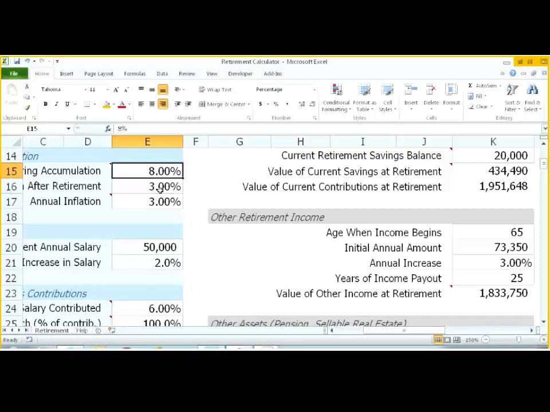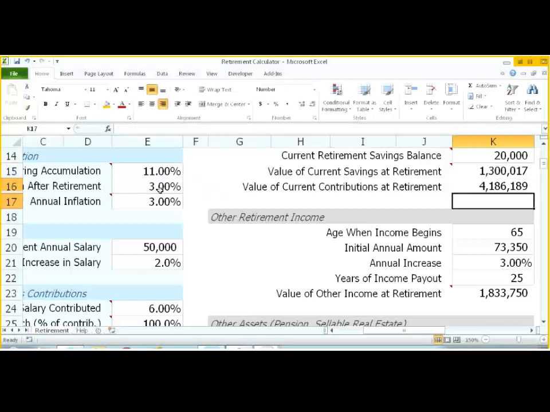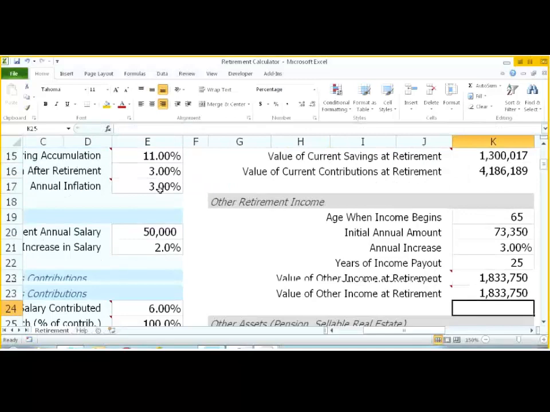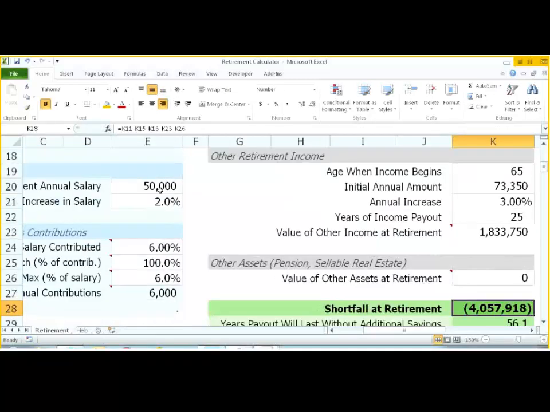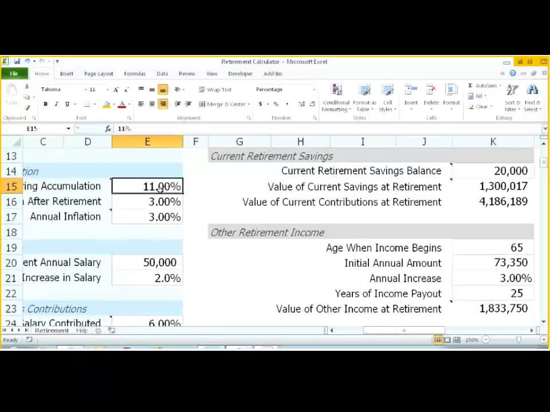Let's say, for example, the stock market from 1900 to 1999 averaged about 11% or more per year. So if I put 11 in there, how much money am I going to have here? $4 million. Okay, that's a huge difference. Unfortunately, I think those days are over.